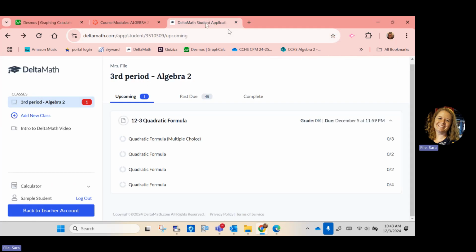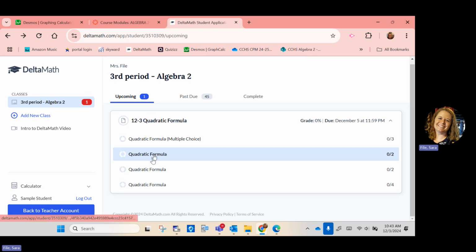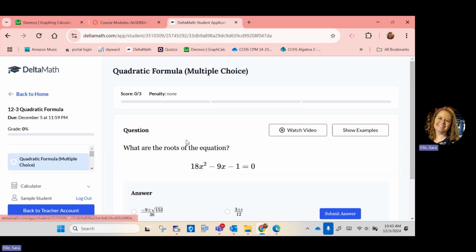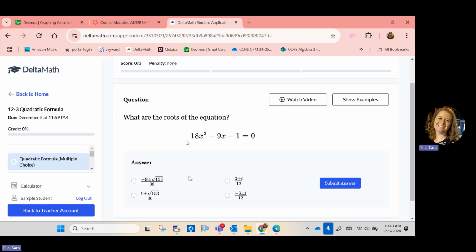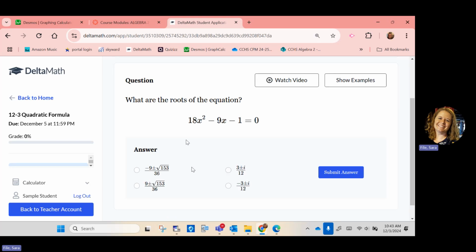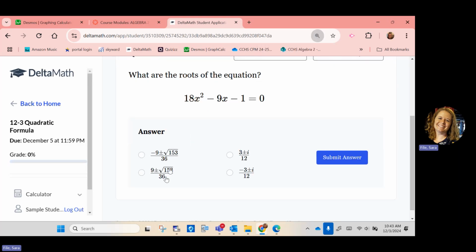So, for example, in your assignment today, some of them are multiple choice. So this one, for instance, see how this has two answer choices that are irrational, and it has two that are imaginary. See, they have the i in them. I can just look at this graph and narrow it down to two of these, because either there are real solutions or there aren't.